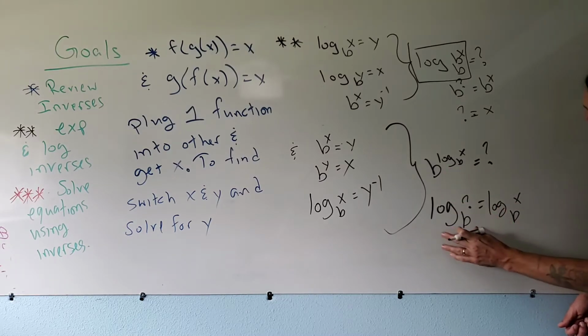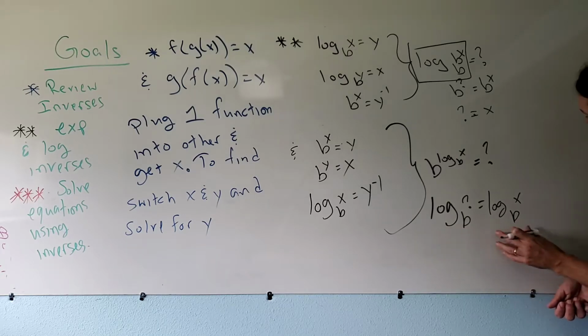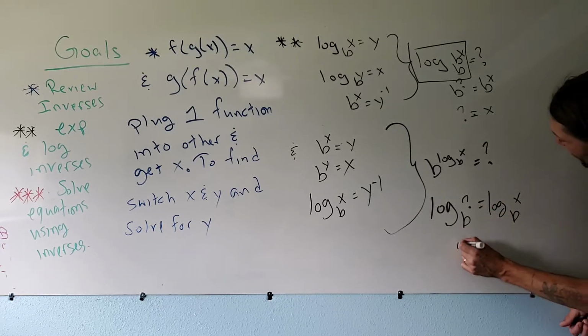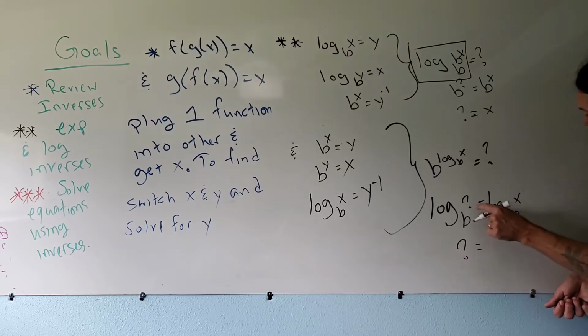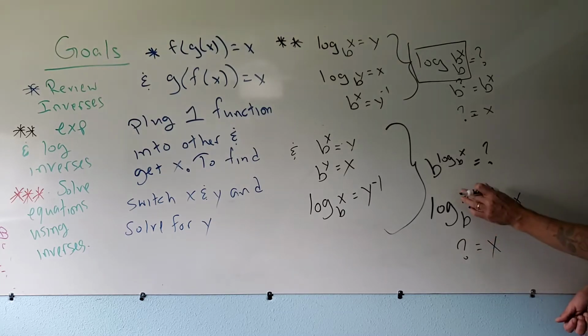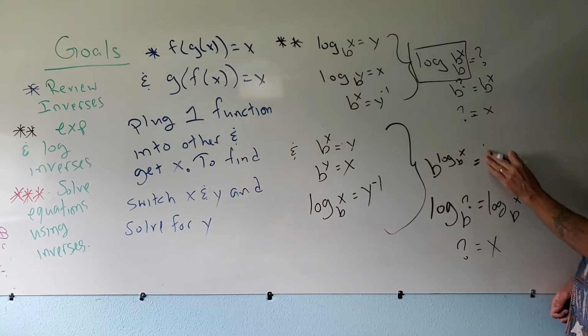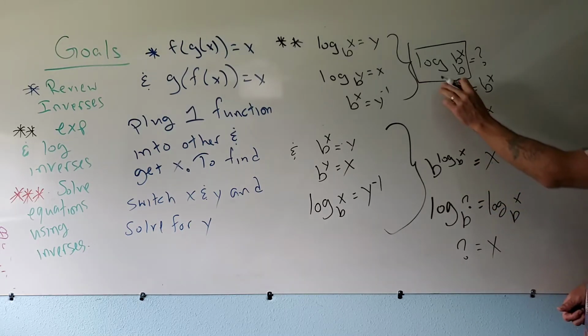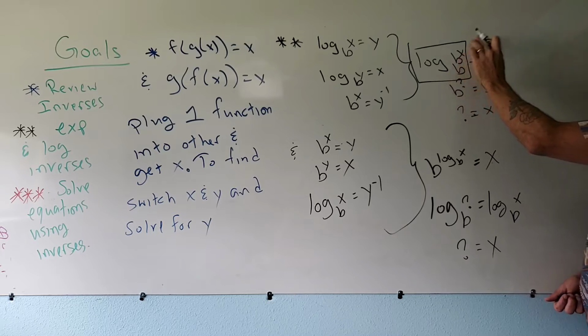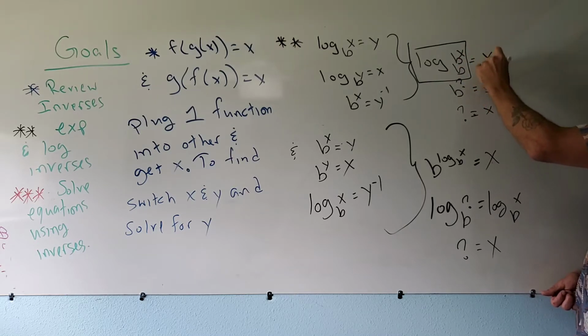This was my exponent. Now, I have logs with the same base on both sides of the equation, which implies that the question mark must equal x. So, b to the power log base b of x must also equal x, just like log base b of b to the x power must also equal x.